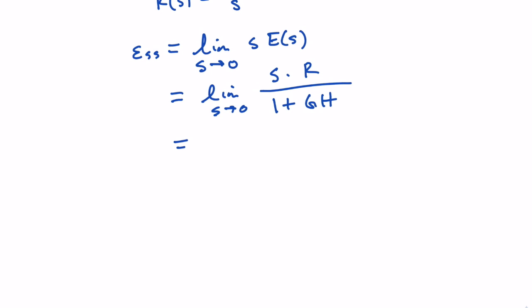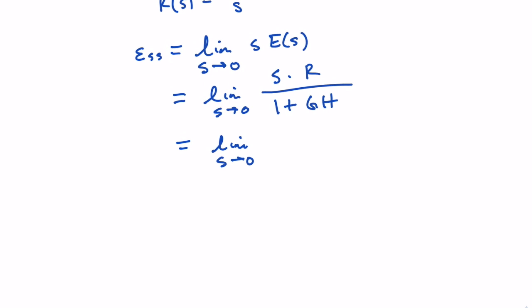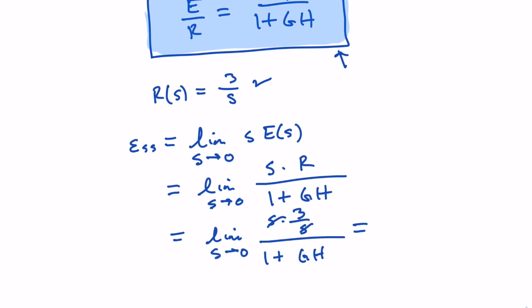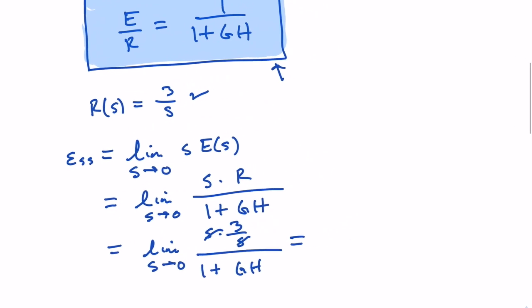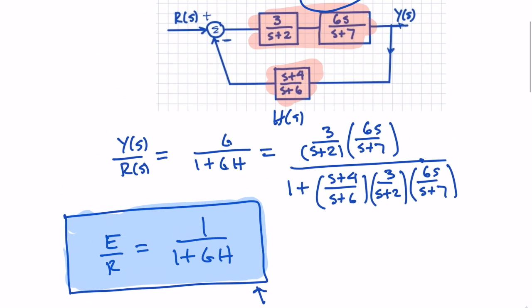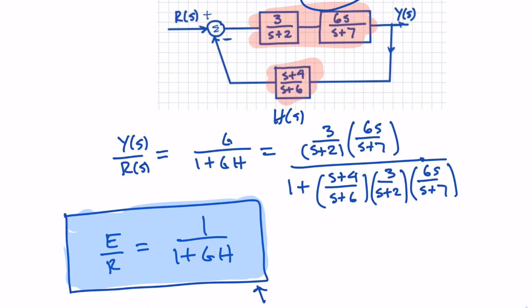So when we plug in, we get the limit as S goes to 0 of 3 over S times S over 1 plus GH. The S's cancel, and I can just plug into 1 plus GH in the denominator. GH was this term, so I'm just going to grab this here.